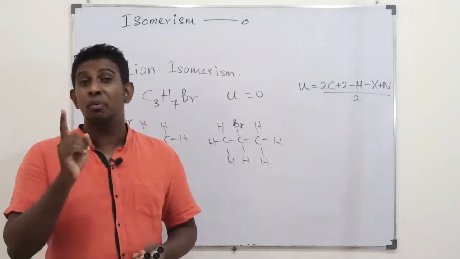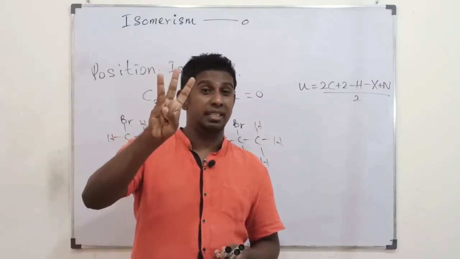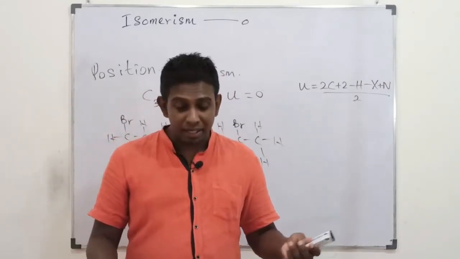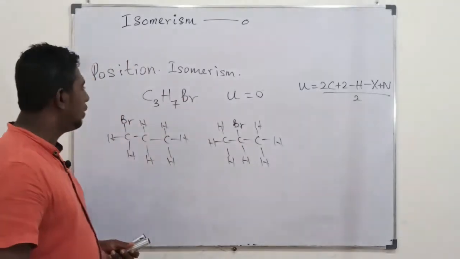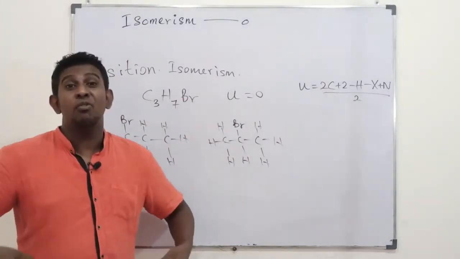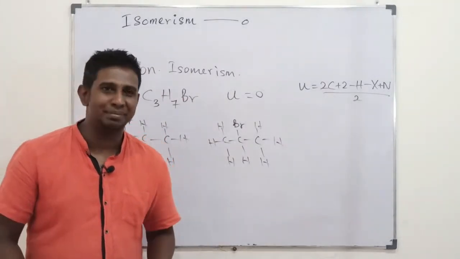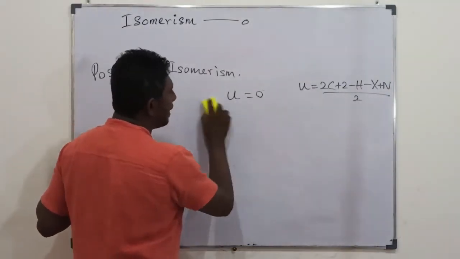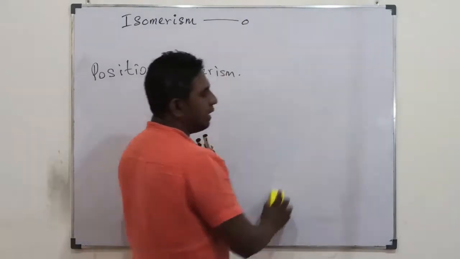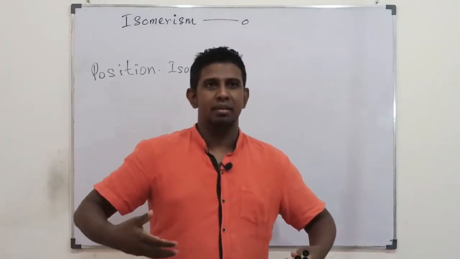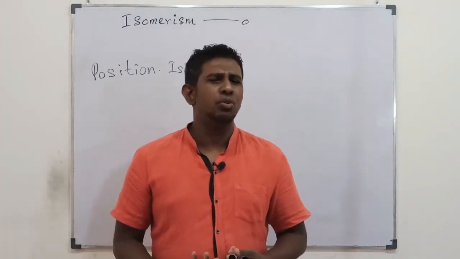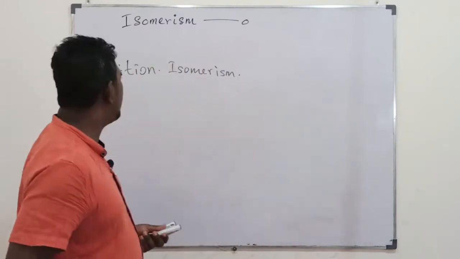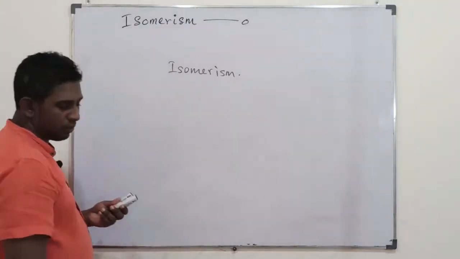Then students, what do we have for the third? It's the functional group isomerism. So let me explain you what functional group isomerism is. By the meaning itself, the name itself, students, you are going to have a different functional group now.